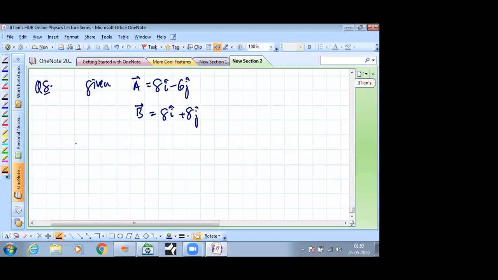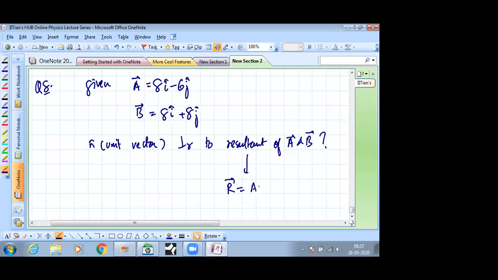Now we have to see which of these is a unit vector perpendicular to the resultant of A and B. So first of all, let's find this resultant. So that is becoming how much? That is becoming 16 i cap plus 2 j cap. This is the resultant.